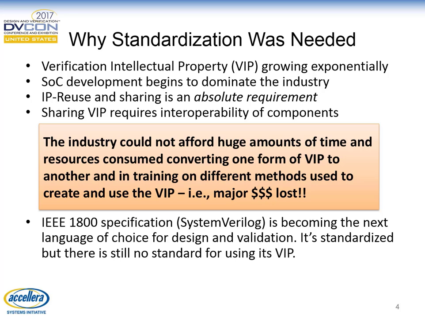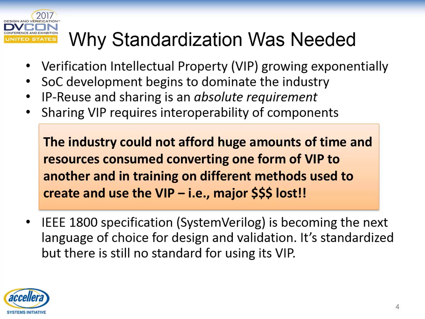So this is just a standard foil here on standardization. Why was standardization needed? VIP, we've seen it grow exponentially in the industry from the days when we had VMM and OVM and eRM and all the different incantations the vendors supported for verification IP. So we finally pushed 8 years ago to have it evolve and merge into a universal verification methodology.